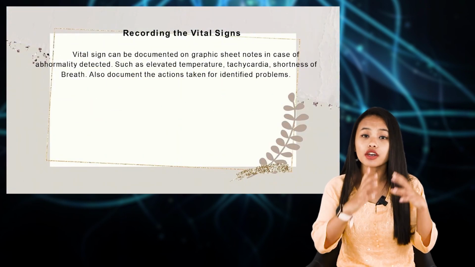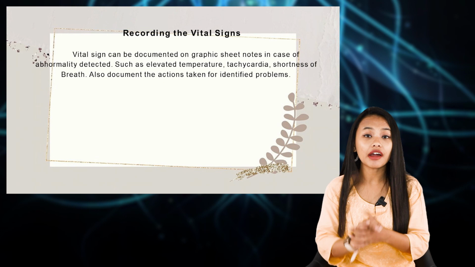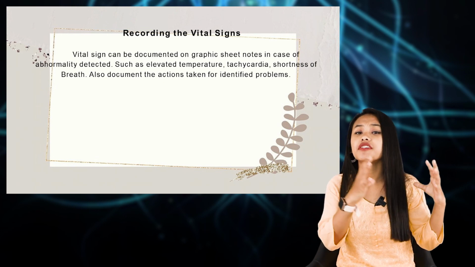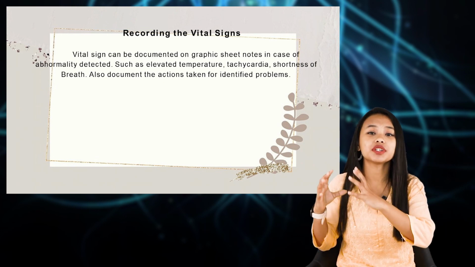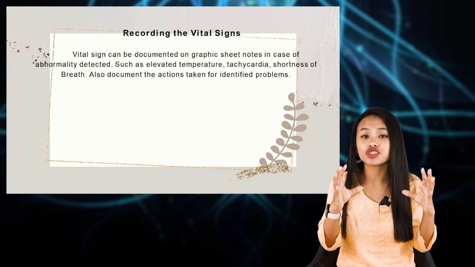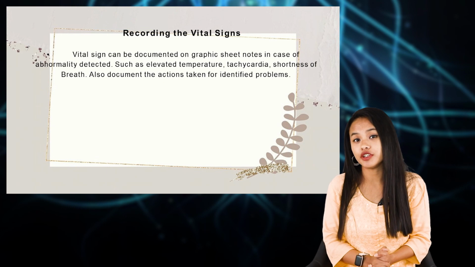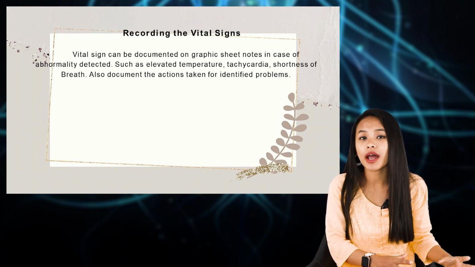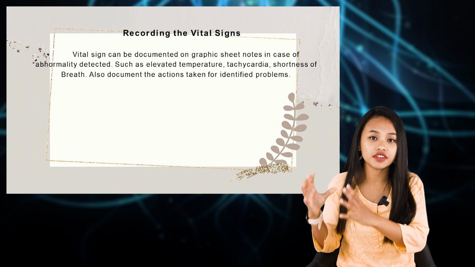These vital signs can also be documented on graphic sheet notes in case any abnormalities have been detected. Why? Because if you document this in a graphic sheet, then it will be very easy for you to assess if there are any abnormalities or any deviation.